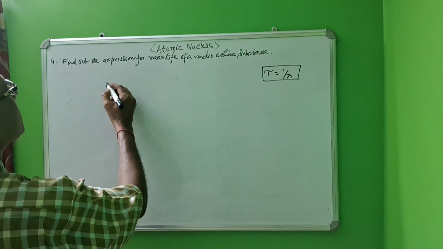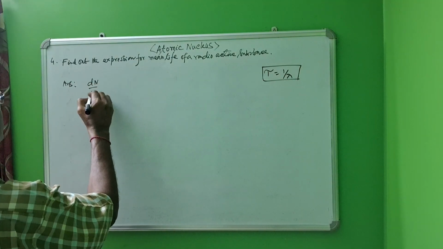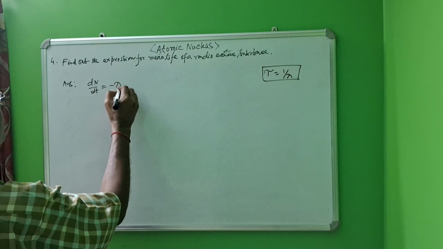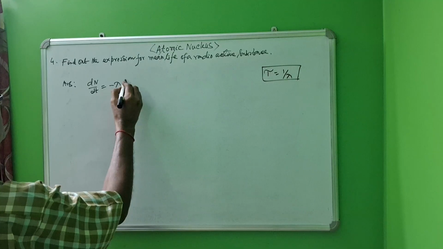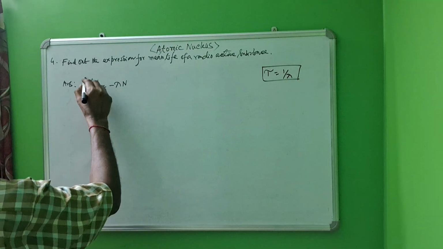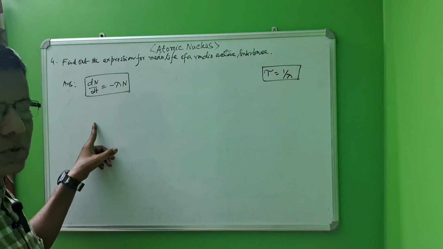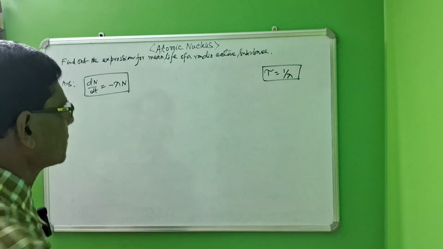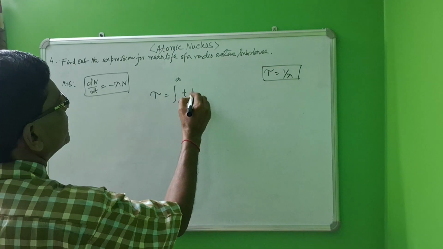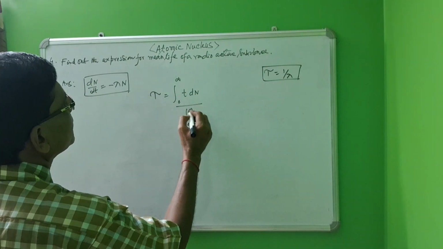We know dN/dt equals minus lambda N. This is a standard radioactive equation from which we start our lesson. Tau equals integral 0 to infinity t dN divided by integral 0 to infinity dN.